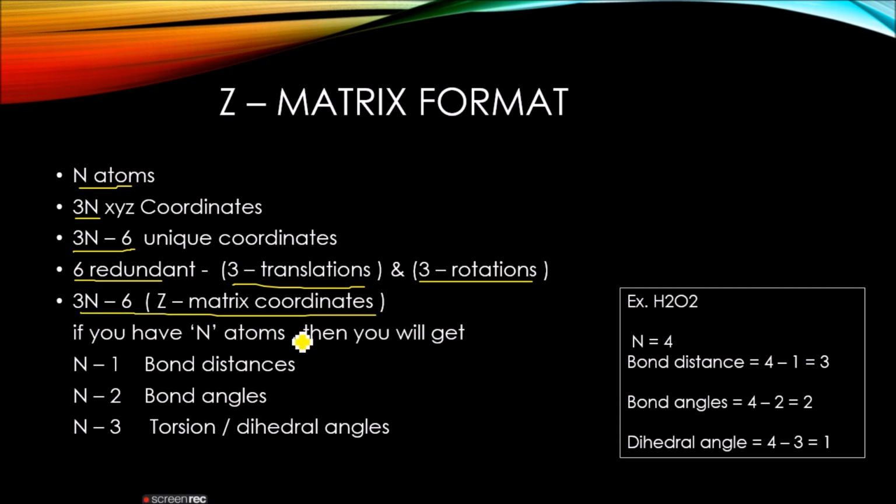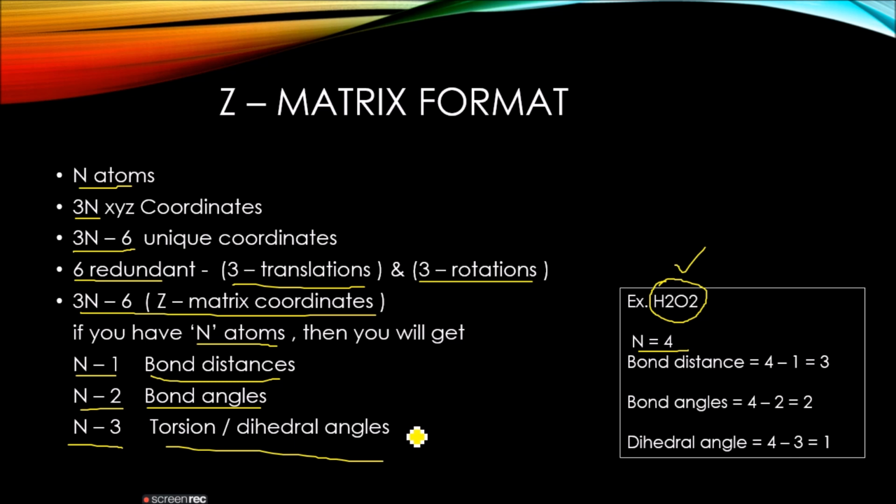Suppose you have n atoms as I said earlier, how many bond distances, bond angles and torsional or dihedral angles do you get? For example, I take the H2O2 molecule. You have 4 atoms here. If you have n atoms, then n minus 1 gives the number of bond distances, n minus 2 gives the number of bond angles, and n minus 3 gives the number of torsional or dihedral angles.